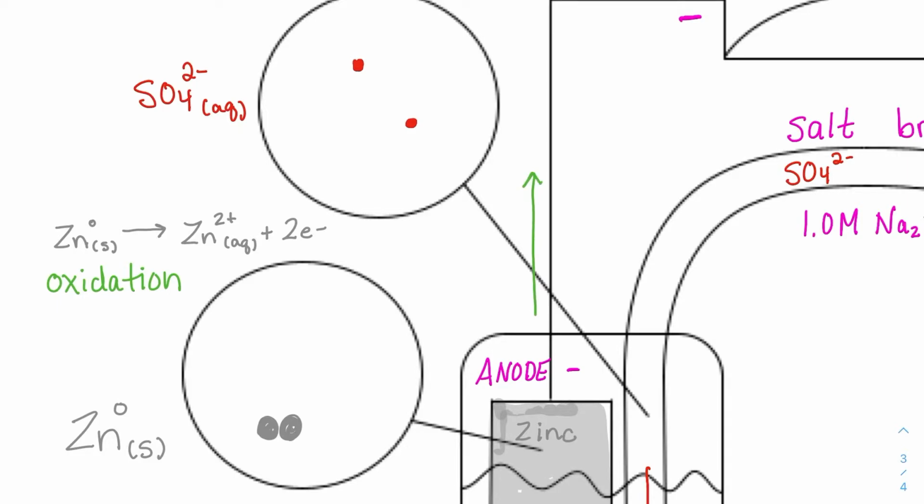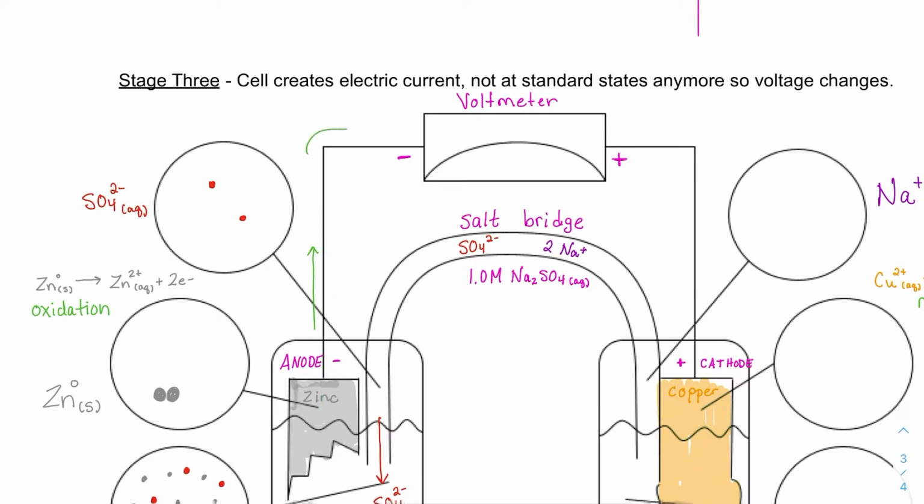They leave the zinc, go up through the wire, go through the voltmeter and be measured, and make a complete circuit, coming into the other half cell, which we'll talk about in just a second. Now again, if you want to say that we had 2 zinc, then we'd actually have 4 electrons. If that helps you make sense of it, great. And these electrons are traveling through the wire in that direction.